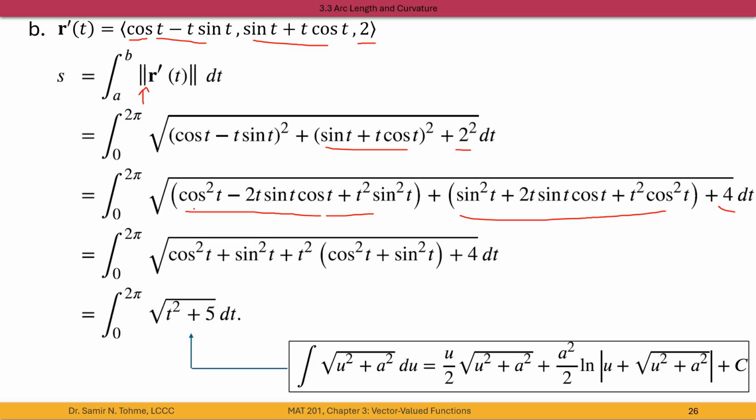Now, we can add cosine squared t with the sine squared t. Minus 2t sine t cosine t will cancel with the 2t sine t cosine t. They will give 0. And for this term over here and this term, factor out t squared, and you will have cosine squared t plus sine squared t.